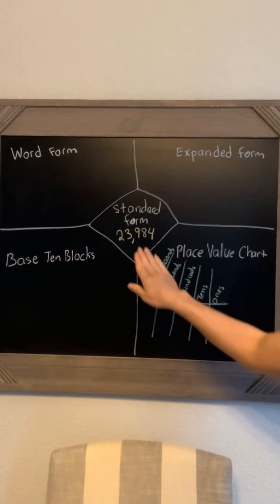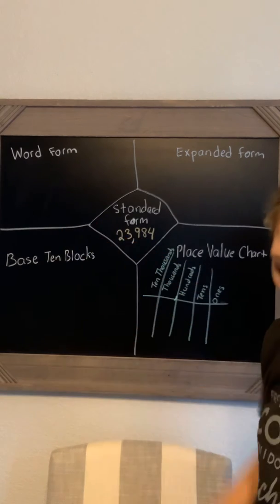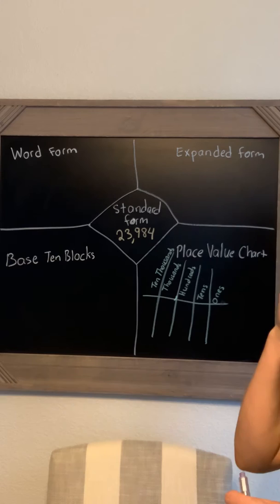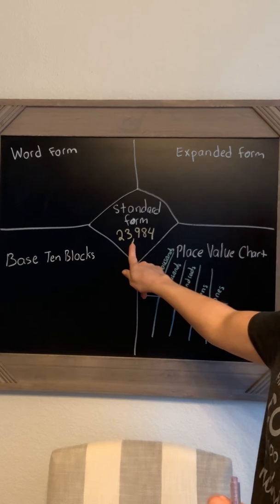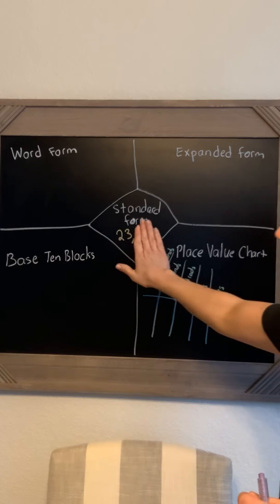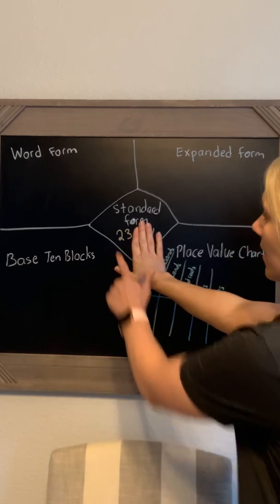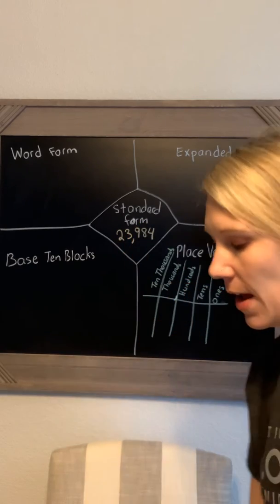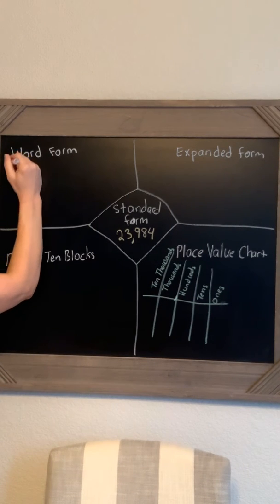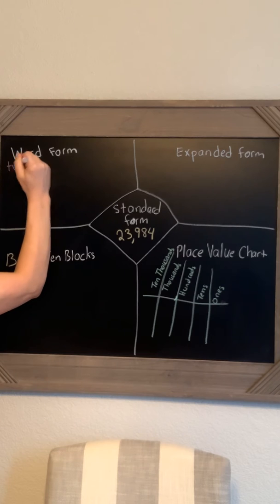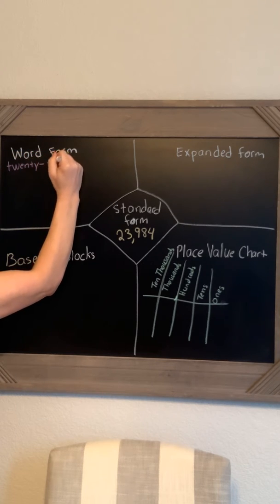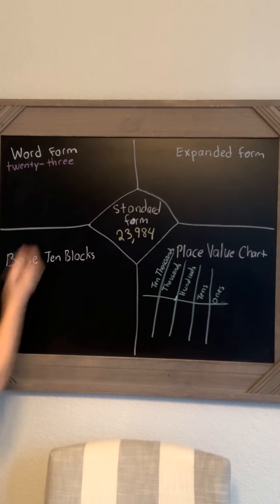Okay, now I'm going to first go to my word form. So when I read this number, I'm going to look at that comma. I'm going to look what's to the left of it. And when I cover that up, I'll read that as 23, okay? So up here in my word form, I'm gonna write it using words, 23.